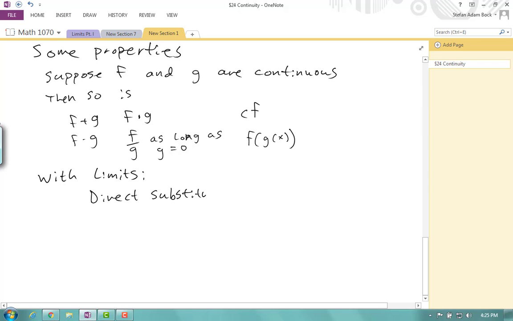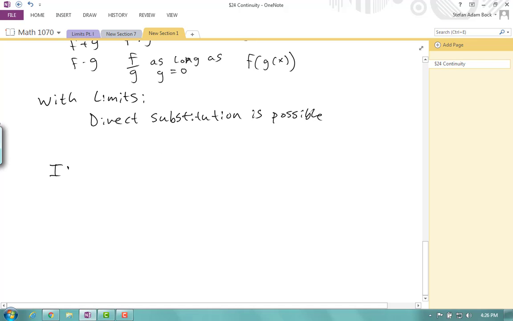So another thing that comes out of continuity is the intermediate value theorem. And what that does is it tells us that we always have intermediate values, whatever that means. So I'll just write this super fast.